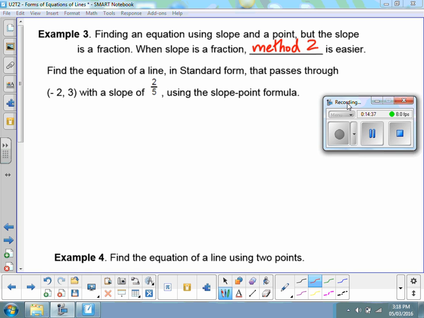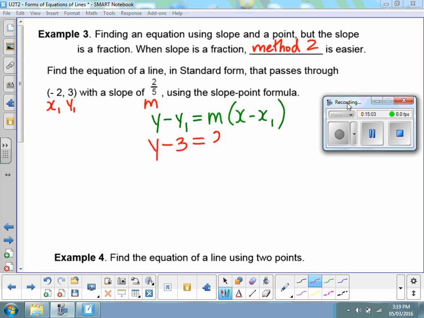So we've got our x1 and our y1, and we've got our m. So I'm going to go ahead just like I did in the last one. I'll write down my formula. Okay, so there's my formula, and now I'll plug in my three values. So y minus 3 equals, so there's our fraction slope, and you'll see why that's helpful in these questions.